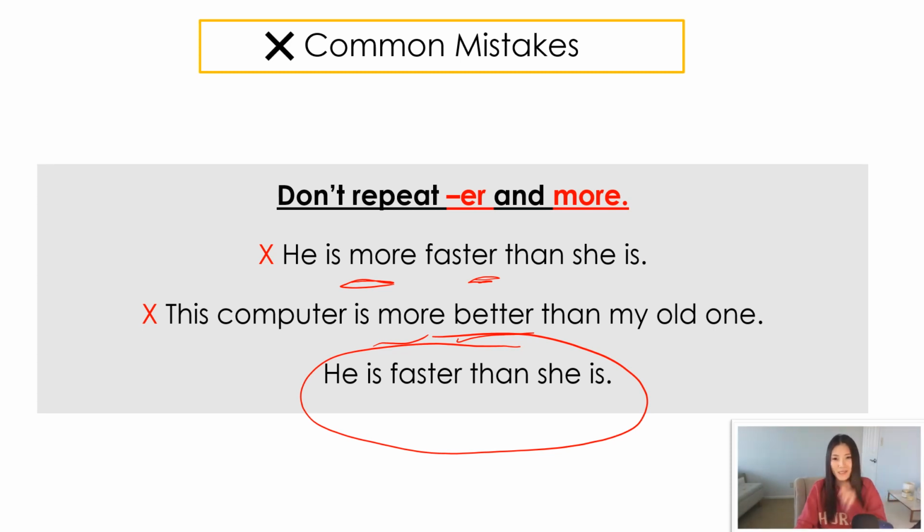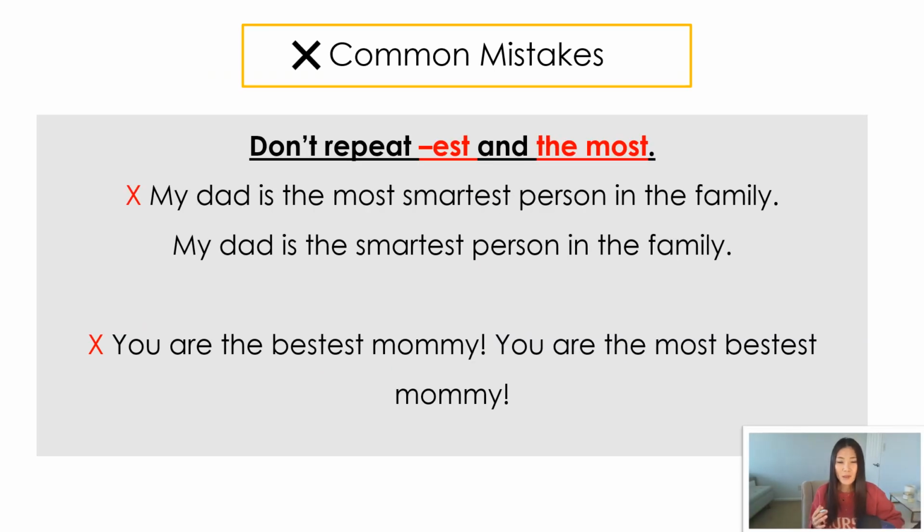Again, using one comparative. The same thing goes with superlatives. Don't repeat est and the most. For example, do not say, my dad is the most smartest person in the family. You should only use one of them, so my dad is the smartest person in the family. And the second example says, you are the bestest mommy. You are the most bestest mommy.